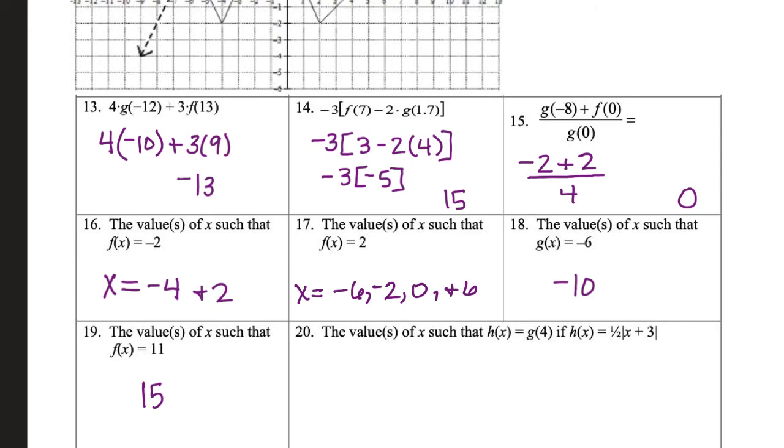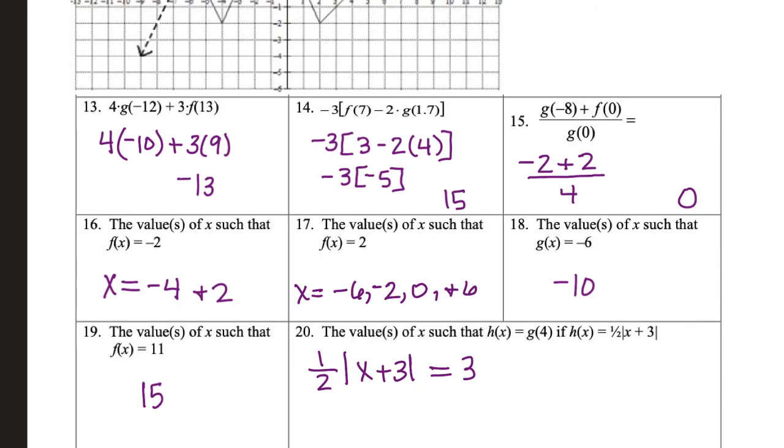And then 20, you're going to have 1/2 absolute value of x plus 3, and that is going to be equal to 3.